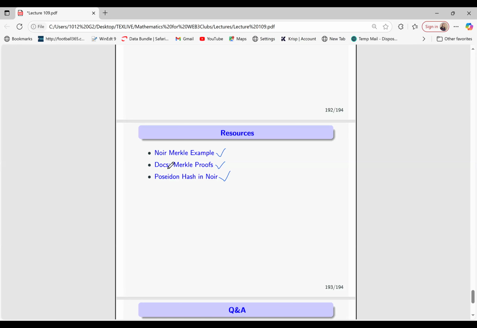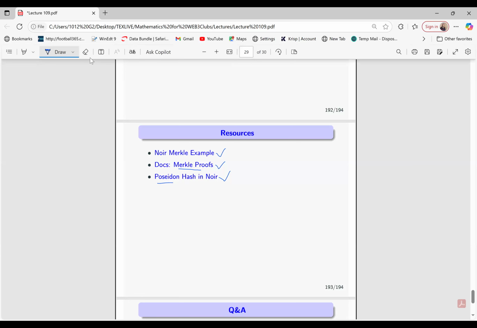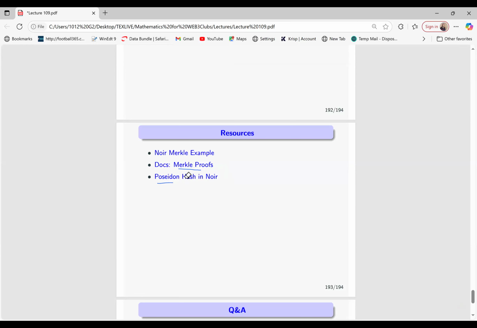Also look at other documents that have Merkle proofs, and look at the Poseidon hash in Noir so you understand how it works and how to use it in Noir circuits.